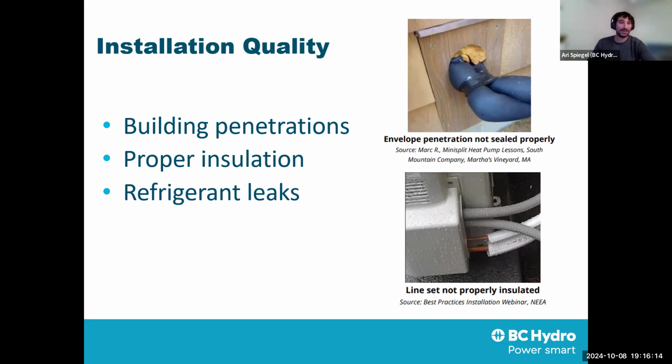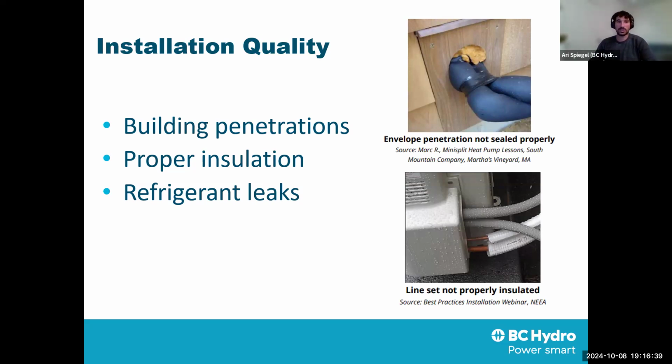So if they're not properly insulated, you're just losing heat through those refrigerant lines before it even reaches your home. So both from an efficiency standpoint, as well as occupant comfort. And then refrigerant leaks: if it's not properly connected and sealed, refrigerant can leak out of the system.